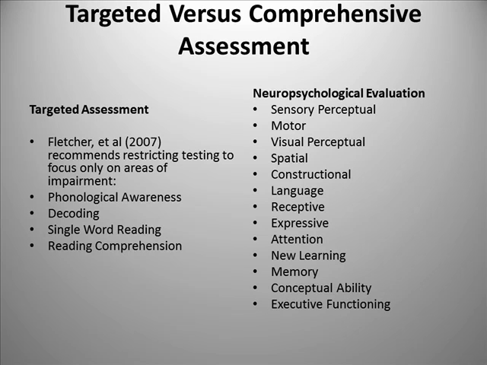There's some debate on should we only address targeted assessment or should we use multifactorial assessment. Fletcher, an eminent neuropsychologist, is arguing for a minimalist approach that is related to RTI, response to intervention.